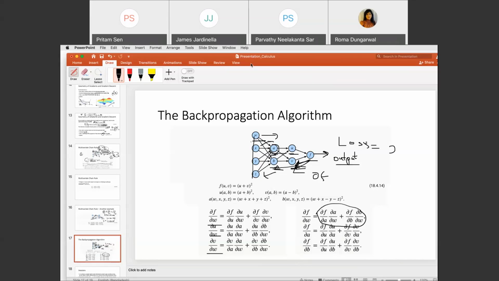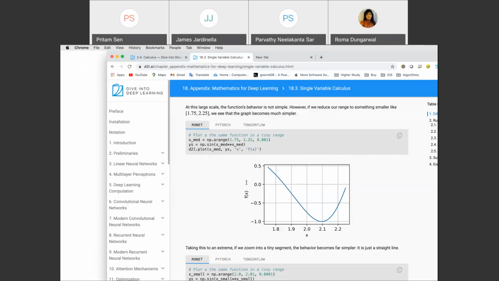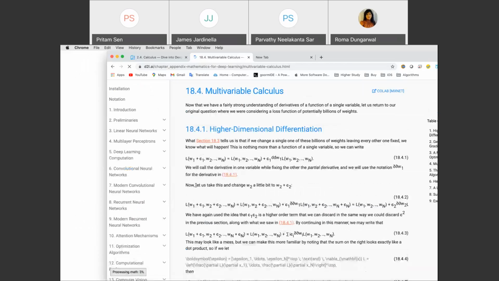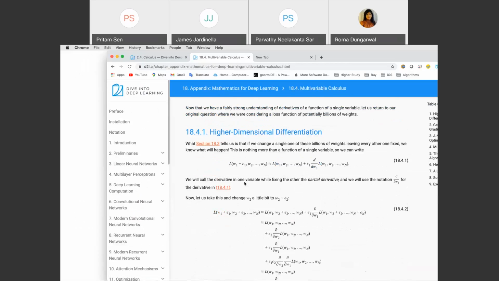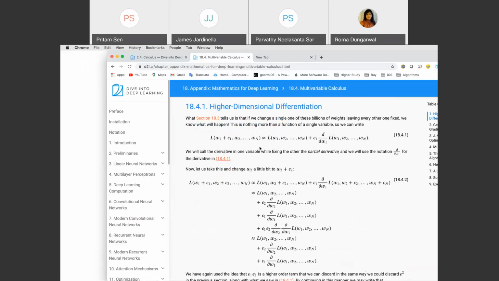Now we can go through the web page again for these parts. Here the proofs are shown. I just skipped those proofs.